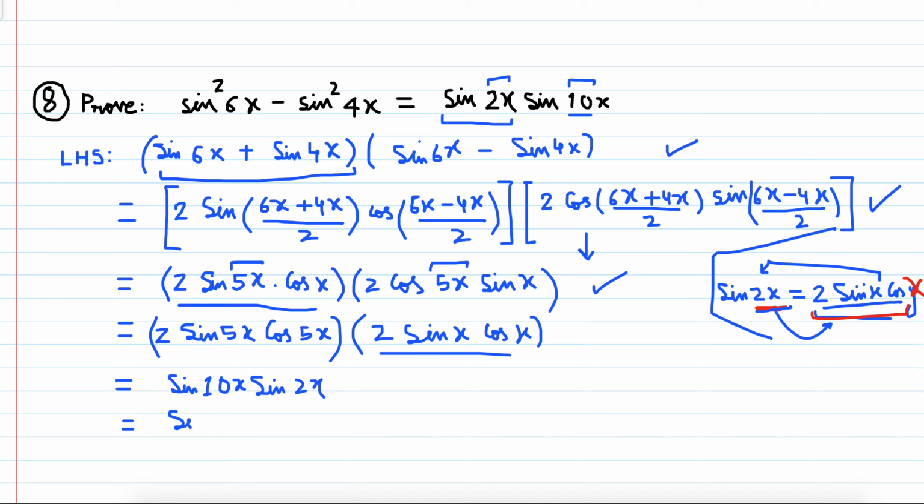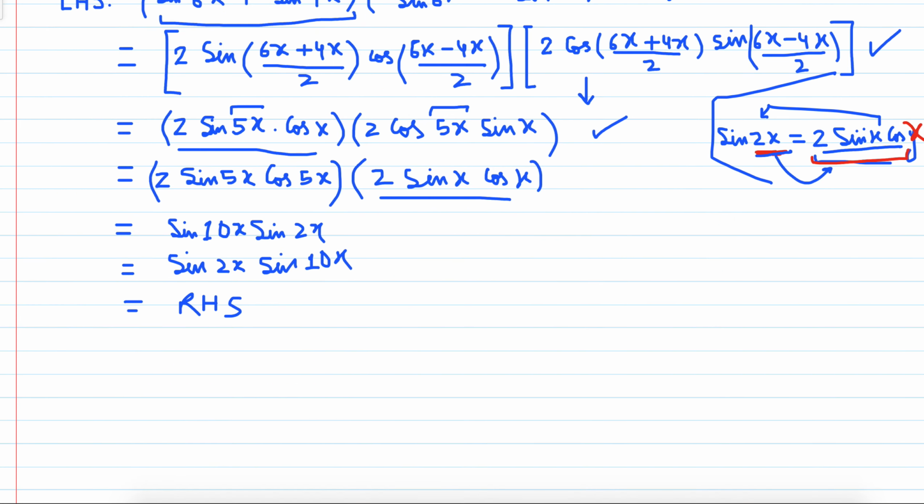Or I will write sine 2x first because it's in the proof. So this is now equal to the right hand side. Hence we can write proved.